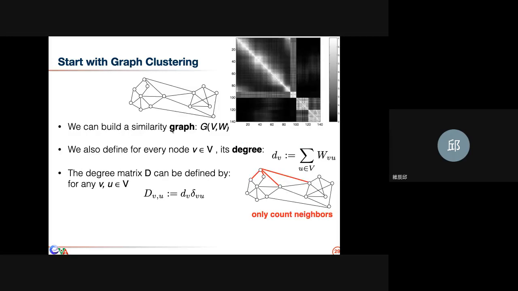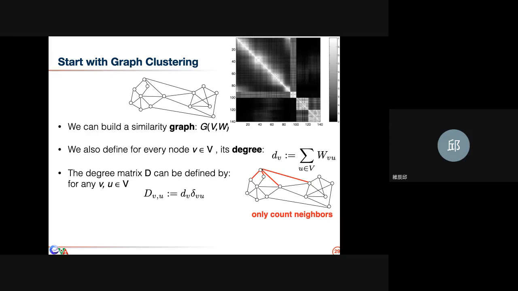So again, we show you an example of the similarity graph. Most of the time the similarity graph is trying to model the neighborhood relations.